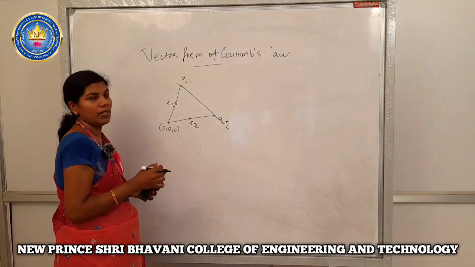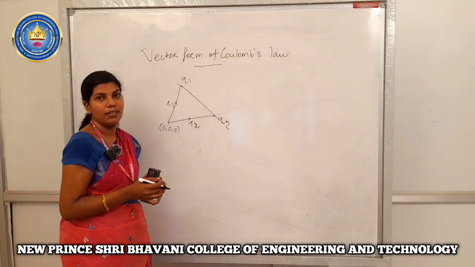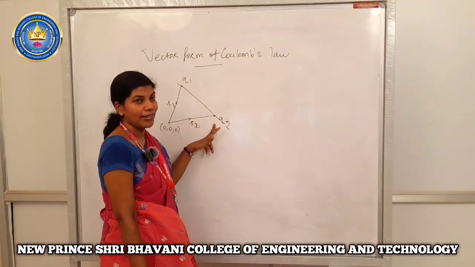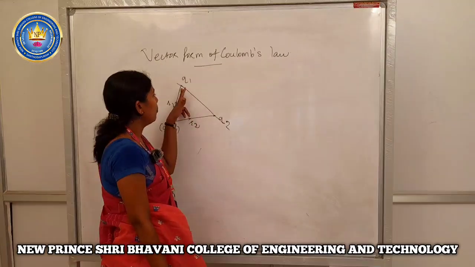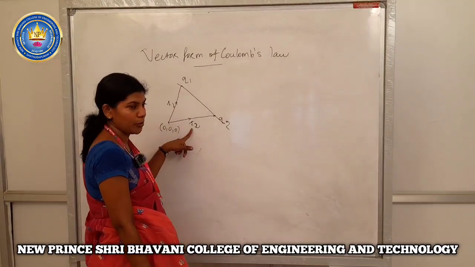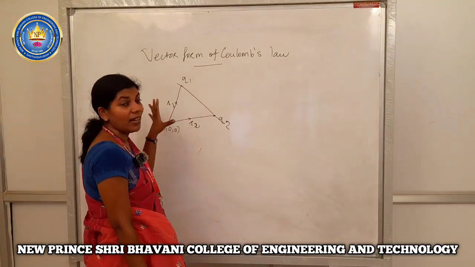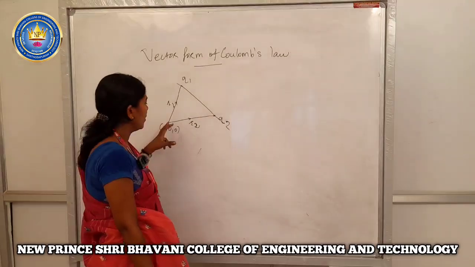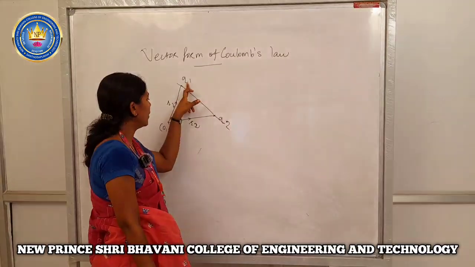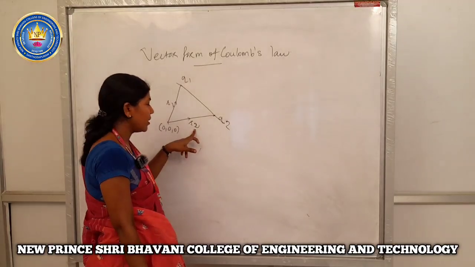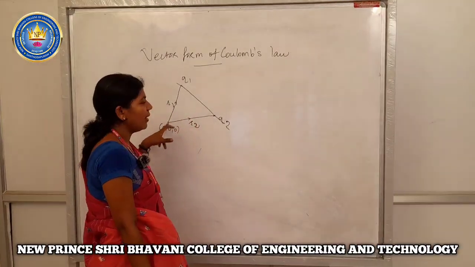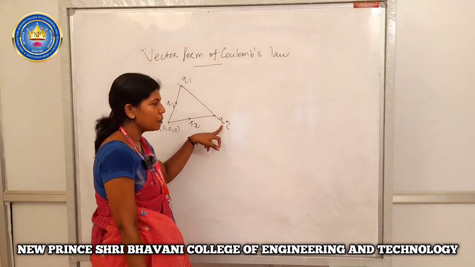So here we have considered two charges Q1 and Q2 located at points having position vectors r1 and r2. Position vector is nothing but the distance between the origin and the point charge Q1, and r2 represents the position vector, that means the distance between the origin and point charge Q2.